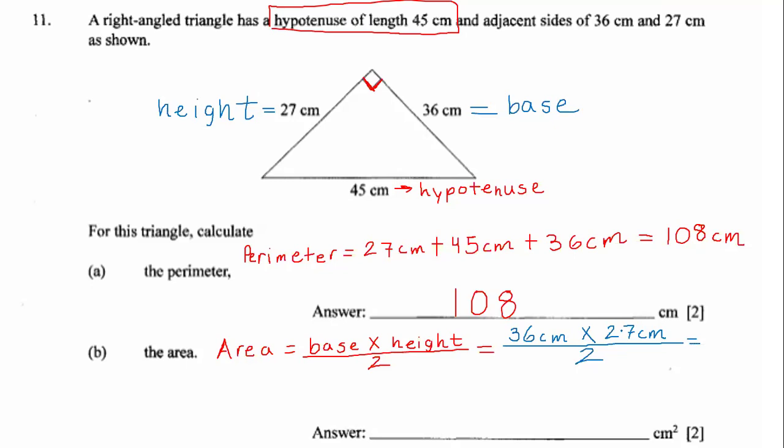You said 972? Yeah, 972. Very good. Divided by 2. Yes, so we have to divide 972 by 2.